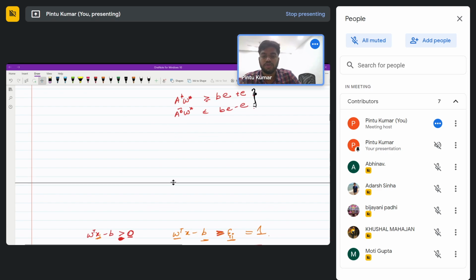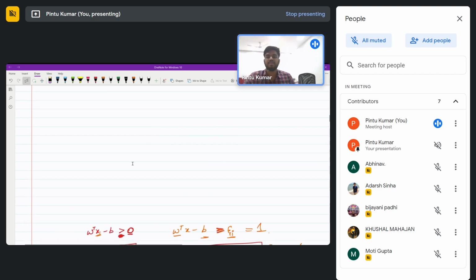Let's say you have A1 x1 plus B1 x1 strictly greater than 0. So you have strictly greater than 0 over here. Now you want to change this to greater than or equal to. One choice is B1 x1 greater than or equal to 0. This is correct, right?